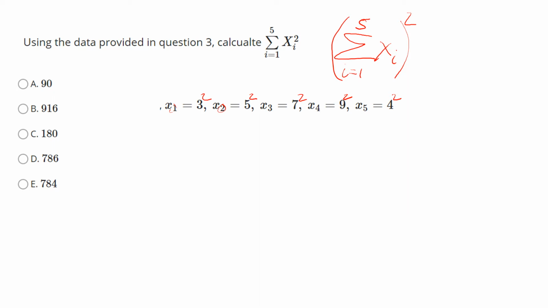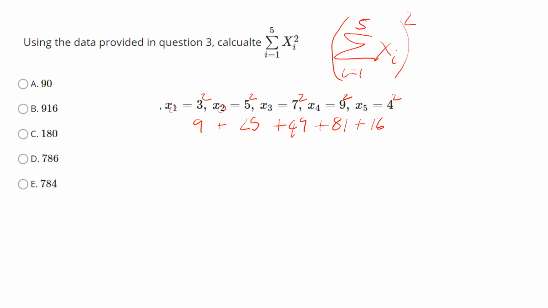So what we have is 9 plus 25 plus 49 plus 81 plus 16, and that's the solution.